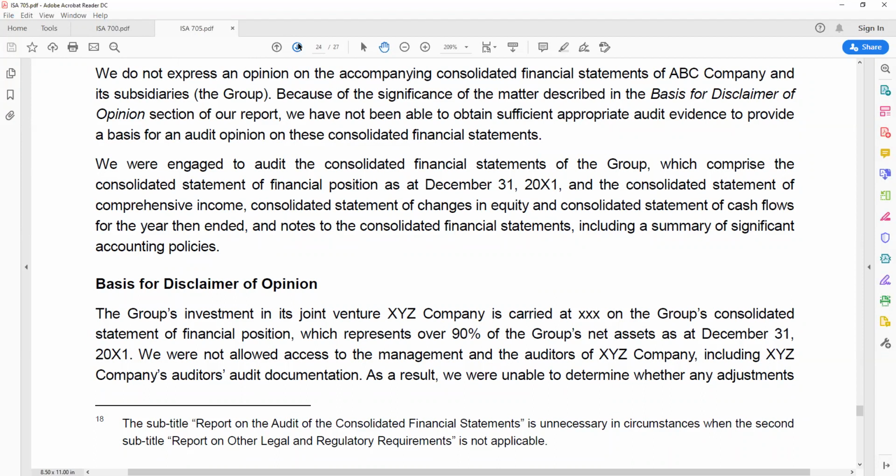You can't give an opinion, because you are not able to apply audit procedures to 90% of the company's assets. So the auditor is simply withholding the auditor's opinion.